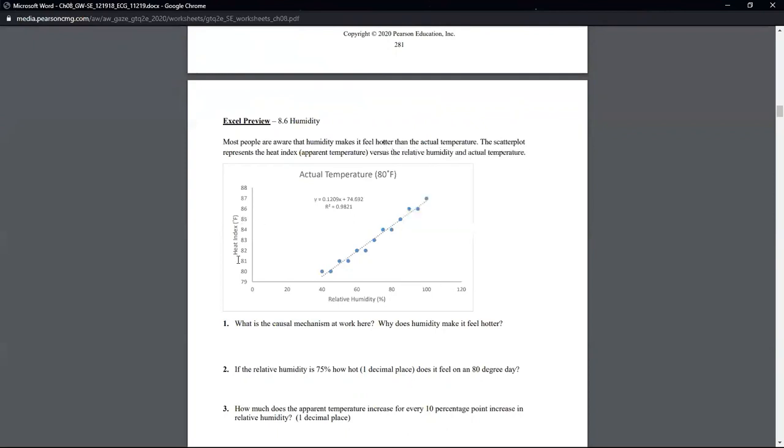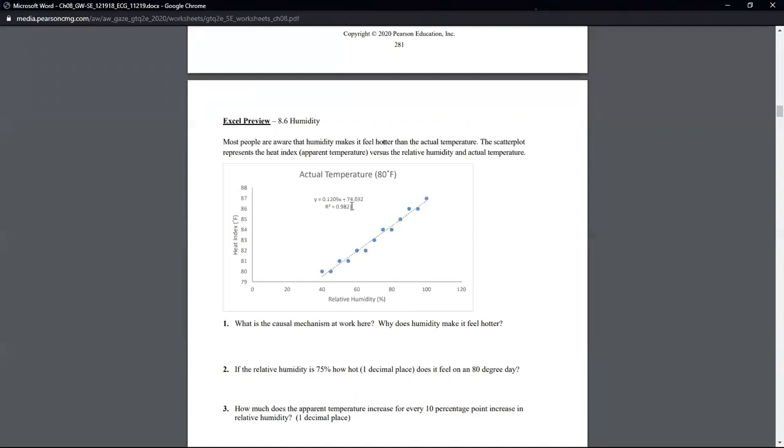Okay, so heat index: the hotter it feels, the more humid it generally is. So if it's 80 degrees with a super low humidity, it probably feels like about 80. But if it's 80 degrees and there's a super high humidity, that's when it starts feeling like 90 degrees. So this accounts for Virginia, this accounts for Arizona. You don't have to go to a region.